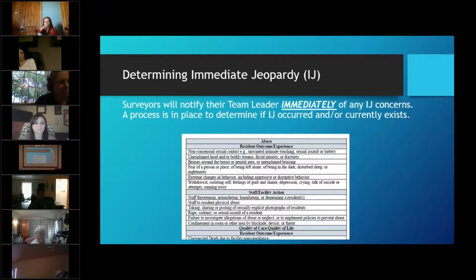So this survey team could be going into a res care this week and going into an ICF one week and a couple nursing homes also. So you got people that are going to be hopefully well-rounded. So they're going to notify the medical coordinator of the state, and then they're going to have a discussion about the information and evidence that's there. They're going to determine if it's a true IJ or not.